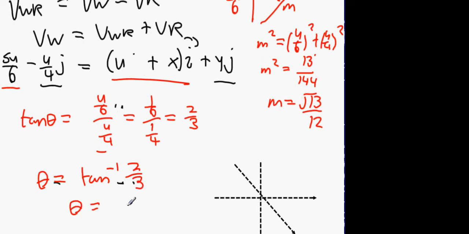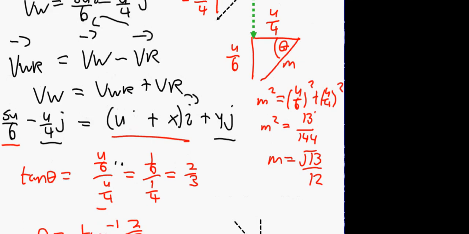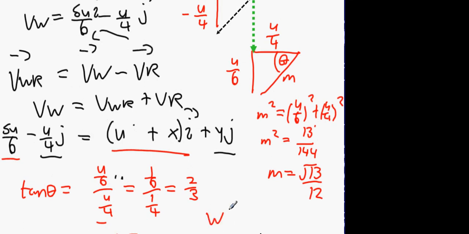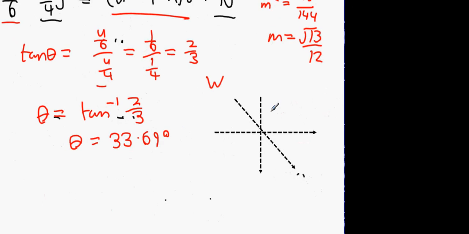What do we get? 33.69. Okay, so that means it's going west 33.69 degrees south. Okay, so that there.